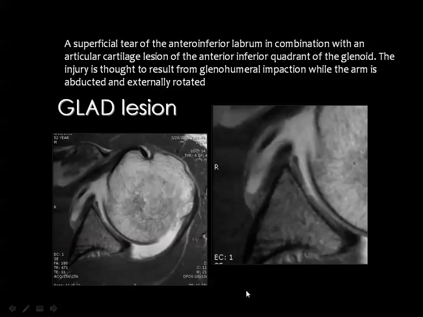Then we come to a lesion which is similar to Perthes lesion, but in this injury there is some injury of the anterior glenoid labrum, and the injury will extend to affect the articular cartilage of the glenoid part of the scapula.